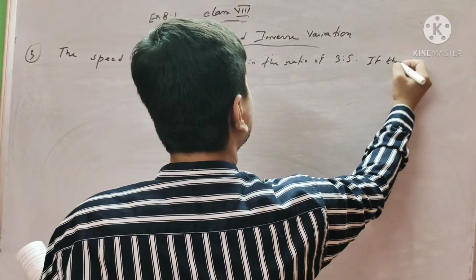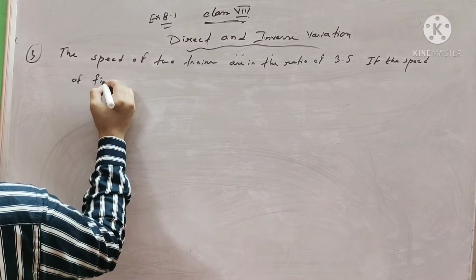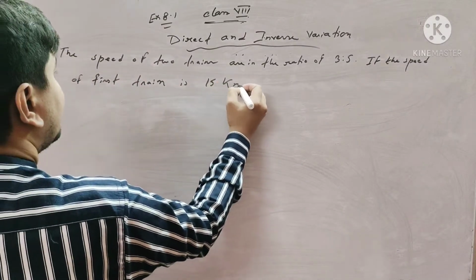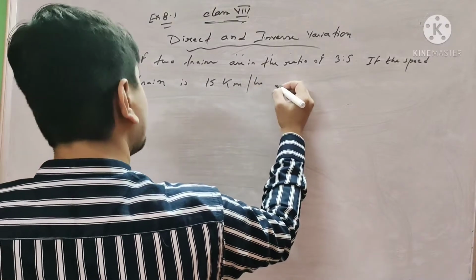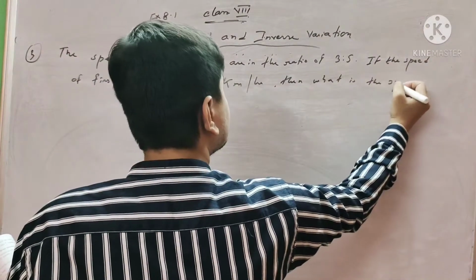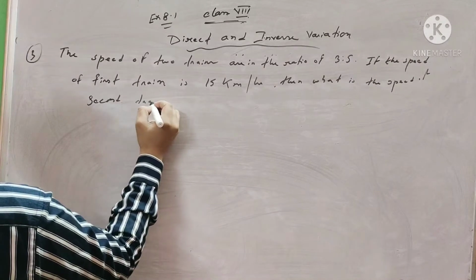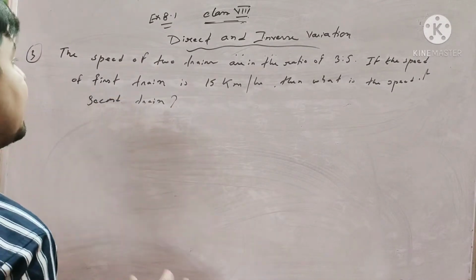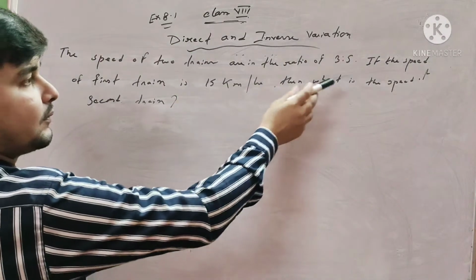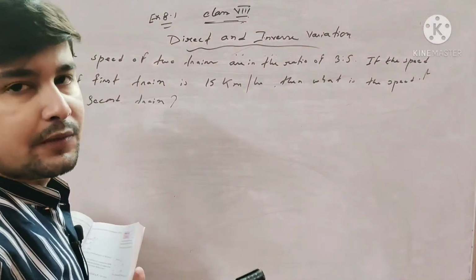If the speed of the first train is 15 km/h, then what is the speed of the second train? Okay, the speeds of the two trains are in the ratio 3:5. If the speed of the first train is 15, what is the speed of the second train?